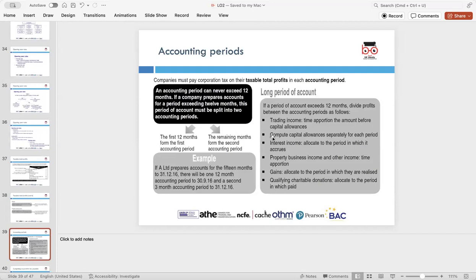For example, if a company, A Limited, prepares accounts for a period of 15 months ending on 31st December 2016, it would have one accounting period covering the first 12 months until 30th September 2016, and a second accounting period covering the remaining 3 months until 31st December 2016.